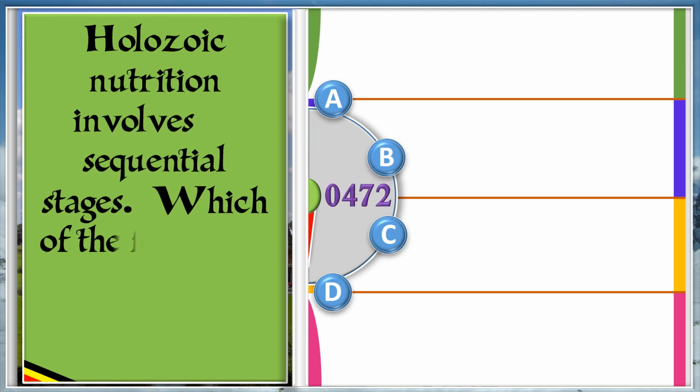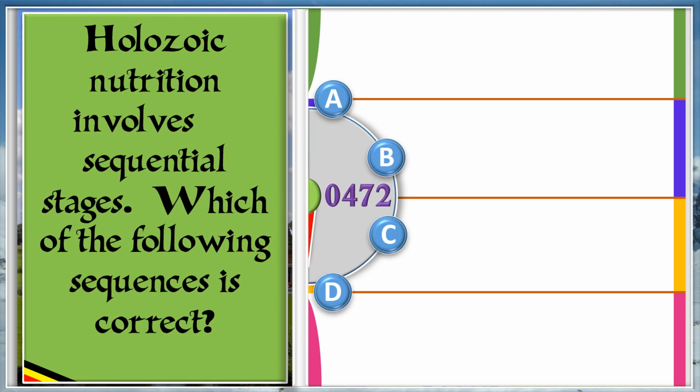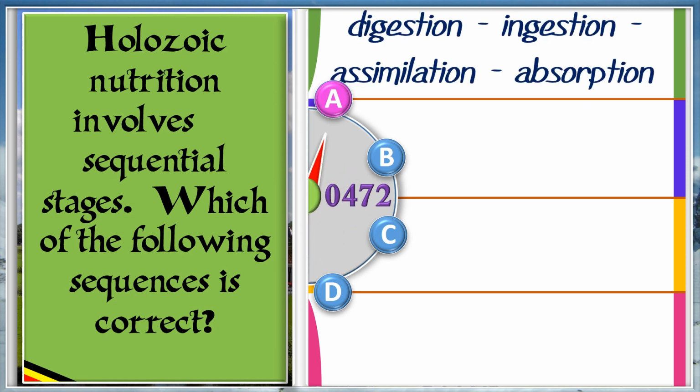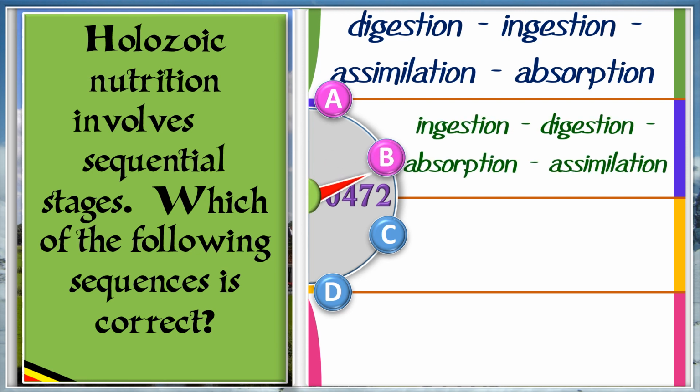Holozoic nutrition involves sequential stages. Which of the following sequences is correct? A. Digestion, ingestion, assimilation, absorption. B. Ingestion, digestion, absorption, assimilation.